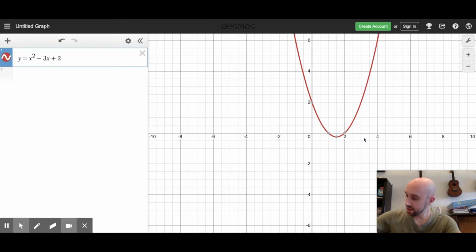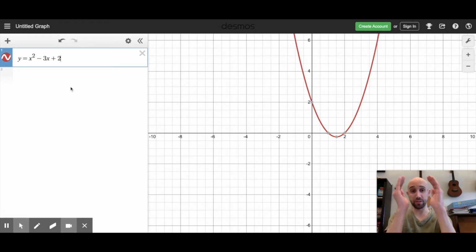Then it says, apply the transformation x comma y, but we're going to move it to x plus 5 comma y, to each point on the graph of this, and sketch the resulting graph. What is the equation of the new graph? Well, it says x plus 5, right? So wherever we have an x, we're going to replace it with x plus 5.